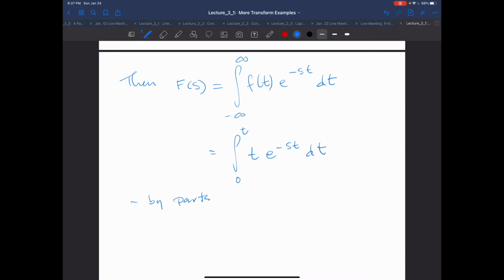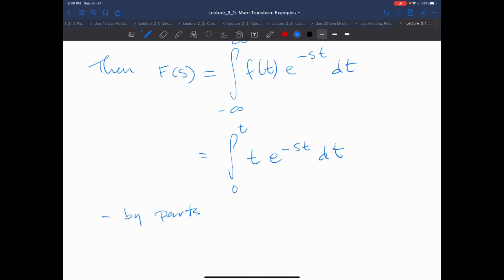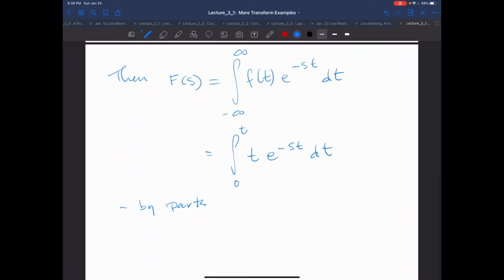So how to do this, we'll do integration by parts.